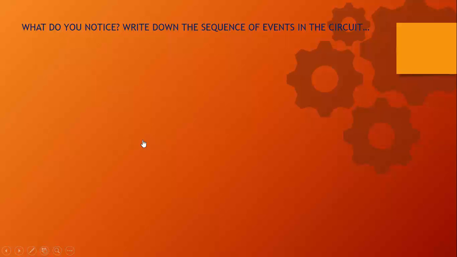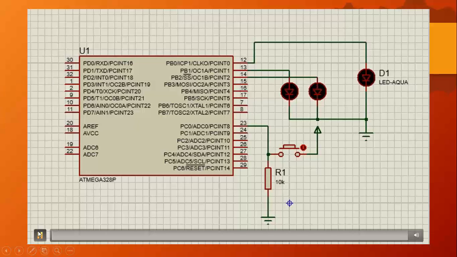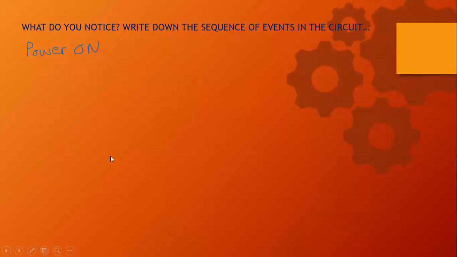So what do you notice? Let's just write down a basic sequence. Firstly, when we have power on, the first thing that we see is the green LED and the red LED are on.